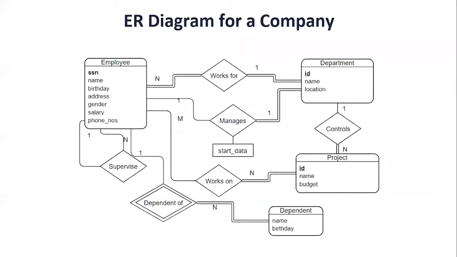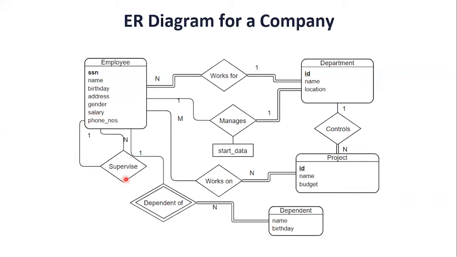And also there's another relationship between the employee and the department, that is manages. So a department has a single manager, an employee that manages this department starting from a particular date. And a department also controls certain projects, or many projects, and for a particular project there has to be one department.